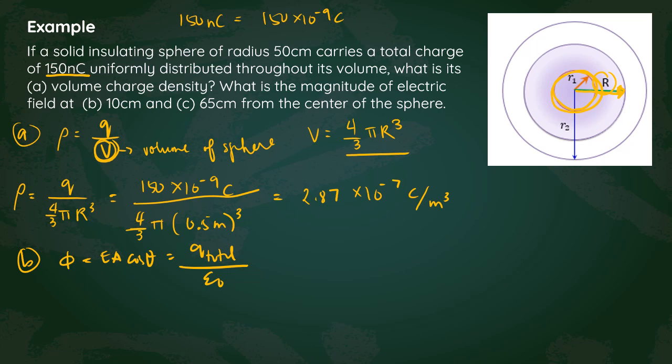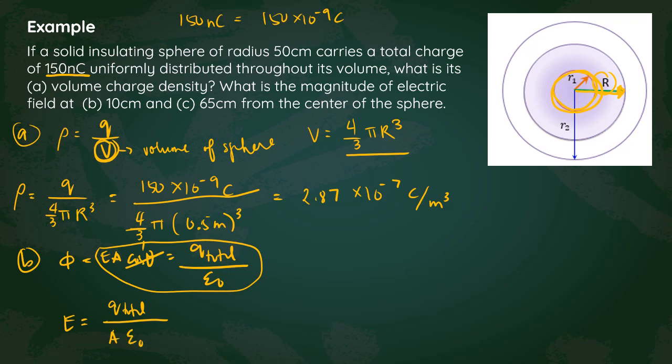Now, our object is a sphere, and in spheres, your electric field and area vector are always parallel to each other, which will cause cosine theta to be equal to 1. If we take this expression and derive a formula for electric field, then electric field would be equal to Q total divided by the area times permittivity of free space.